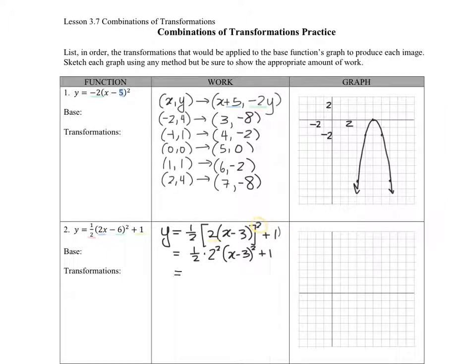So what that will do is this will give me 4 over 2, which is 2. So all of a sudden, instead of having both a vertical and a horizontal compression by a factor of half, I only have to worry about a vertical stretch by a factor of 2.